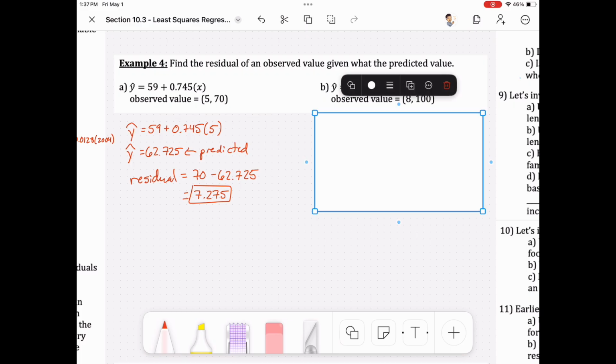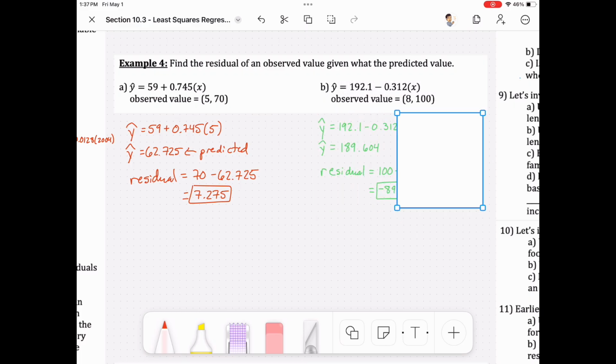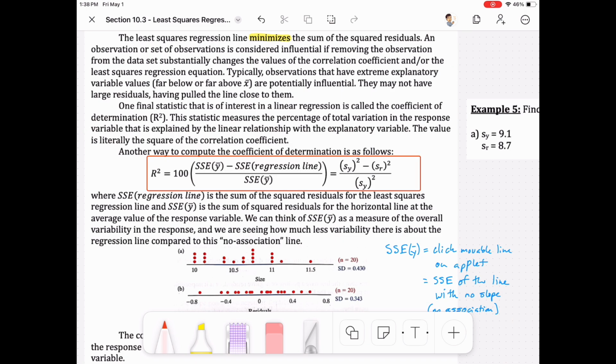Okay, and so taking a look at letter B, it looks like your predicted y value is 189.604. And so then when I subtract the 2, I should get a negative 89.604 as well. Now, if I want to find my coefficient of determination, that r squared, I will use the one on the right there.